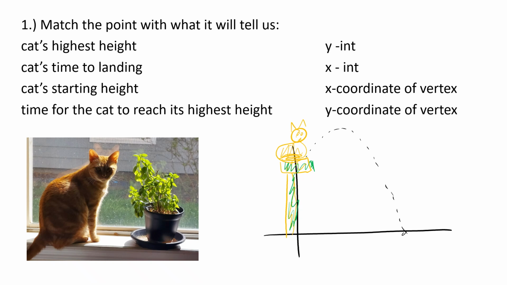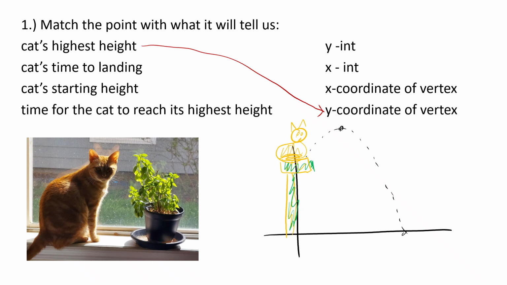And so the cat's highest point would be right there. That is the vertex, and it would be the y coordinate of the vertex because the height of the cat is on the y-axis there. And so the cat's highest height is the y-coordinate of the vertex.